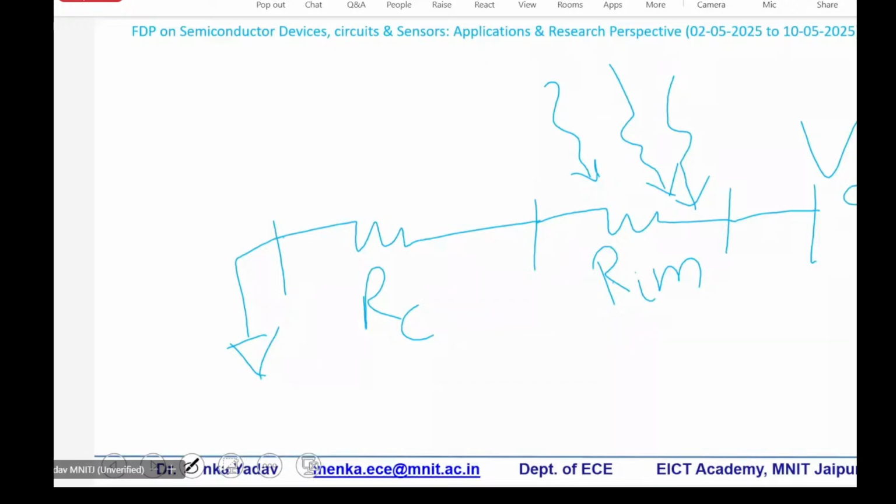And we will utilize that: what is the wavelength of the light. Depending on that wavelength, we are going to get the energy. There is the energy packet h nu, right, of those light packets, photons. So that h nu energy is going to create the electron hole pairs.